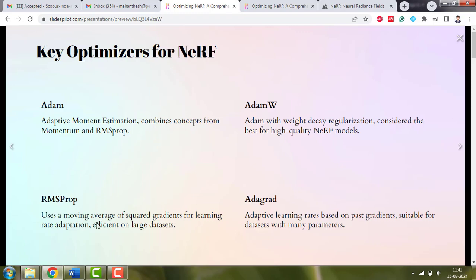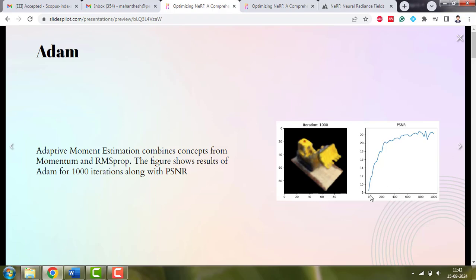If the dataset is too large, we should go for RMSProp. If the dataset has many parameters, we should go for Adagrad. If you want high performance, we should simply go for AdamW. These are the different things that we will be discussing.